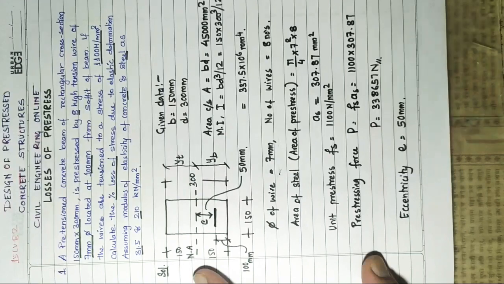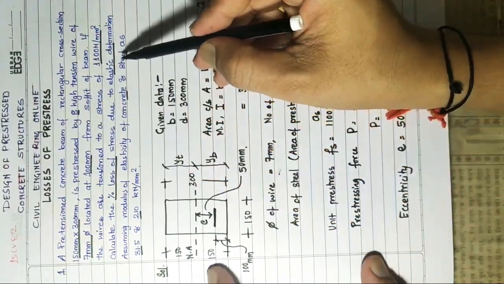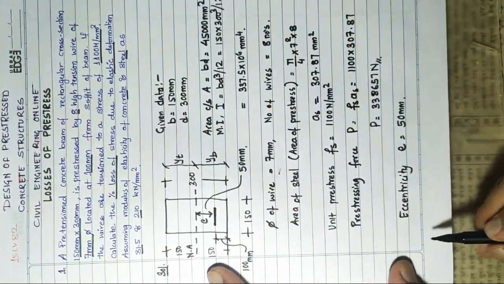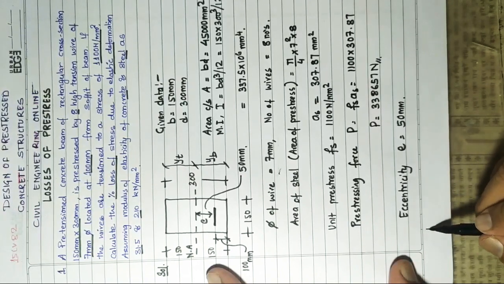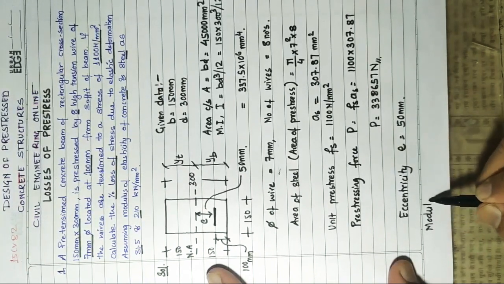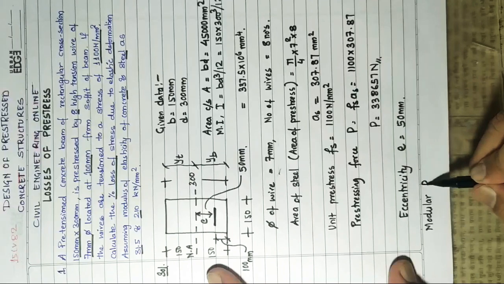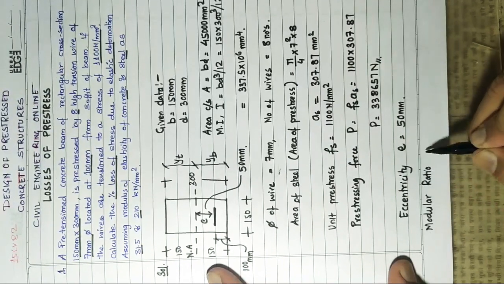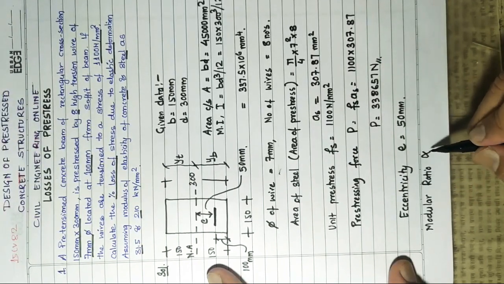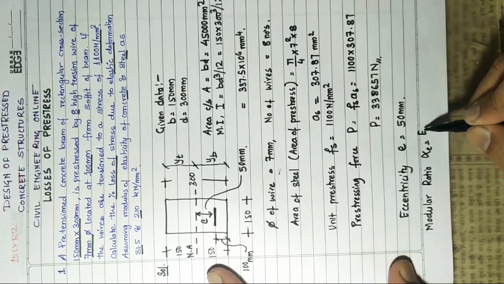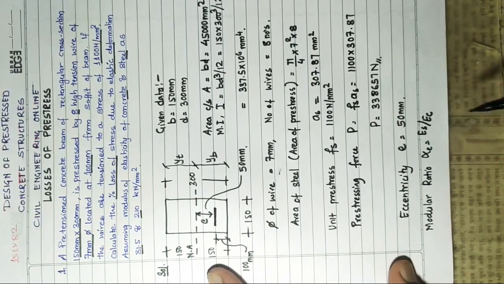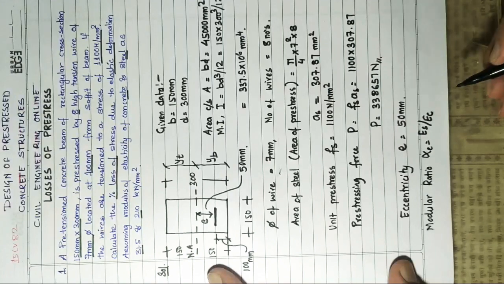So, this value is known to us. Two more values they have given us, that is we are able to calculate the modular ratio as alpha E is equal to ES divided by EC. Here ES and EC are what?